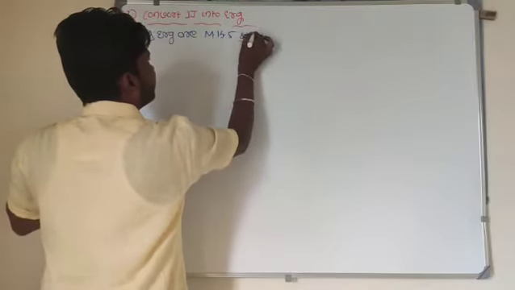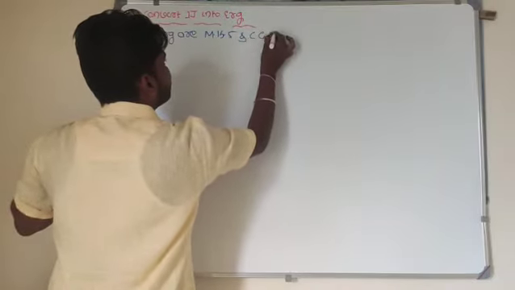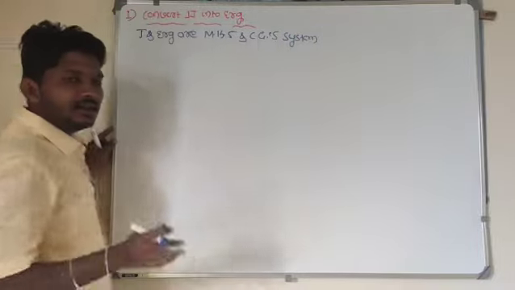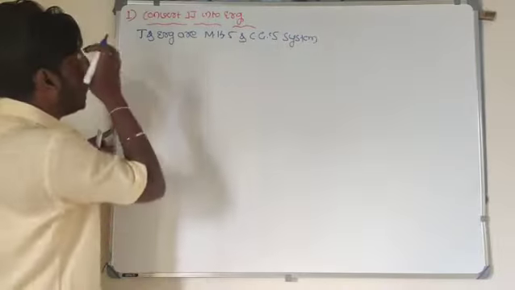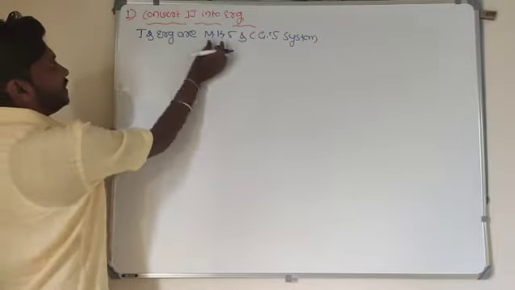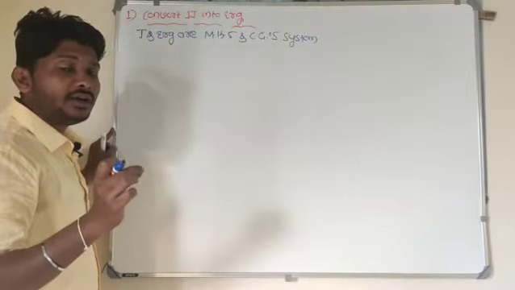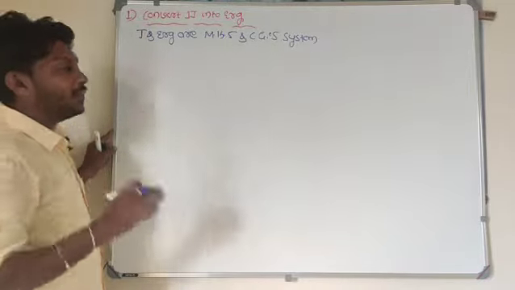So joule is in MKS system, erg is in CGS system. I have to convert 1 joule is equal to how many ergs here?